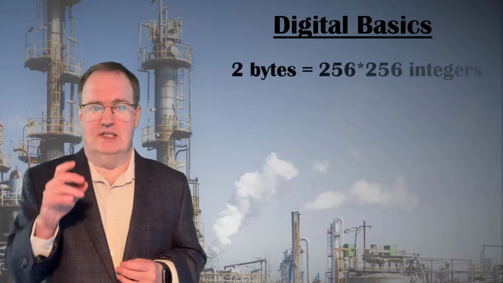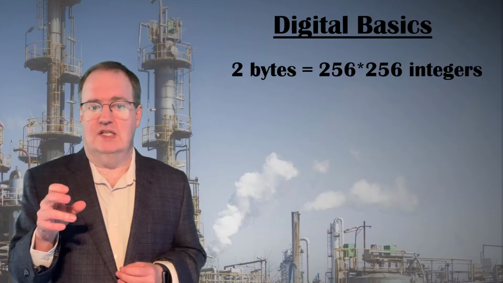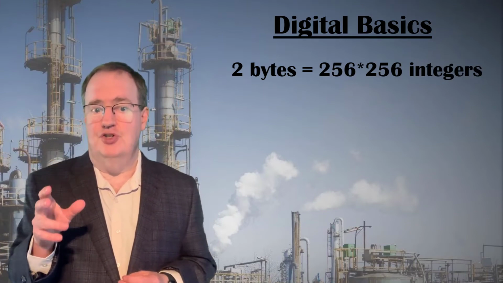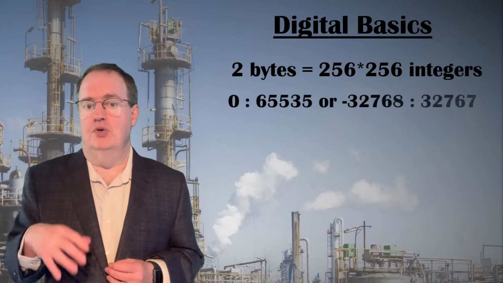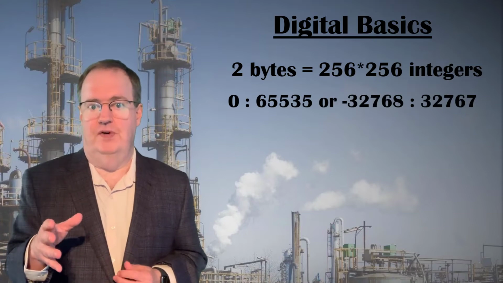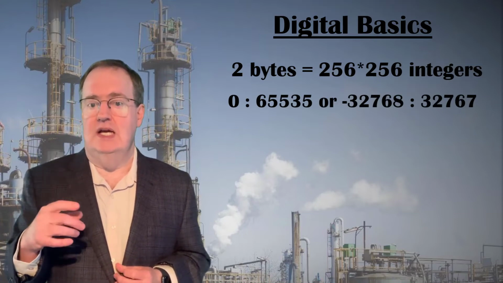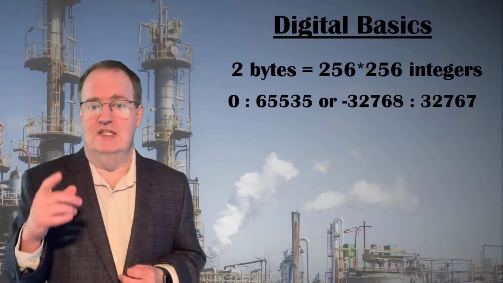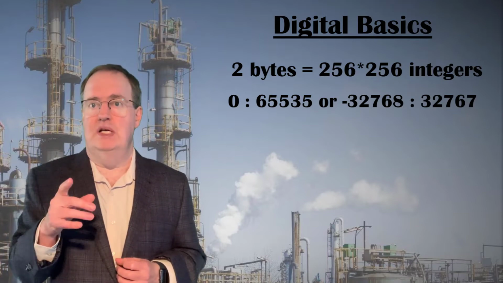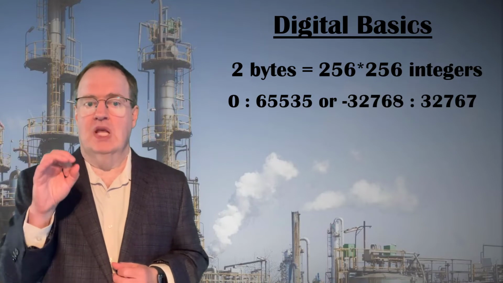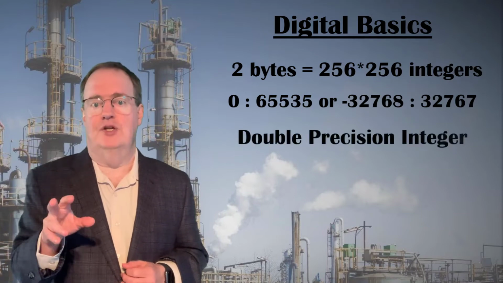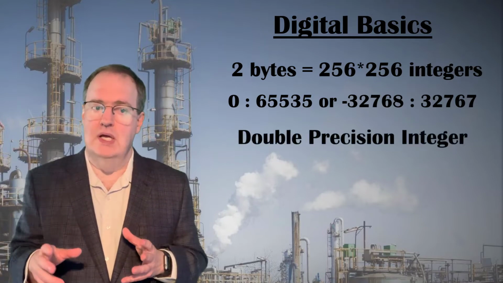Now, 2 bytes gives us 256 times 256 integers, which is 0 to 65,535, or more often, negative 32,768 to 32,767 when we use the first bit as a sign. This is called a double precision integer, which is important to us.